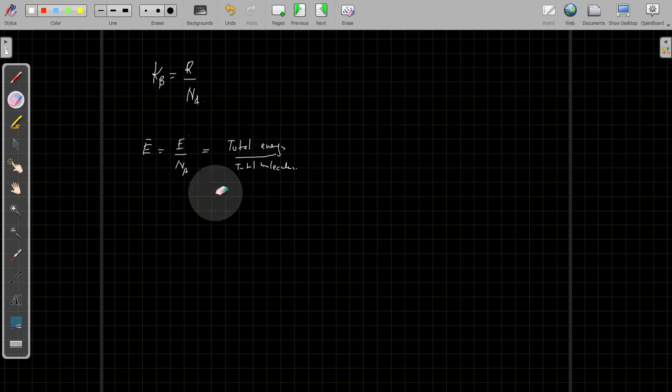So we can write this as 3 by 2 RT by Na. So that gives me 3 by 2 Kb into T.